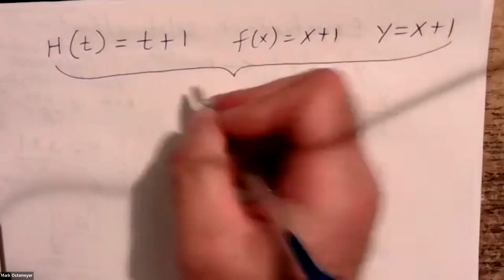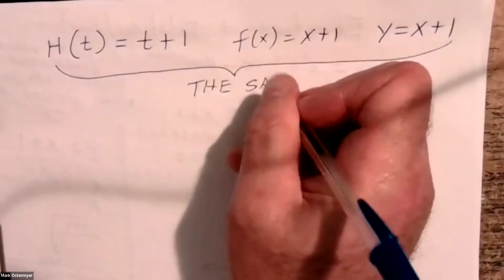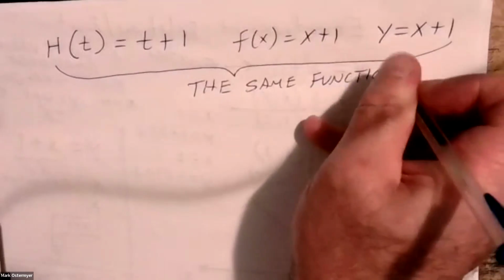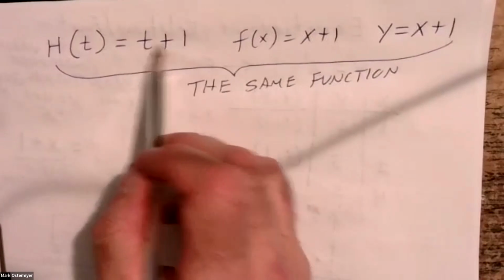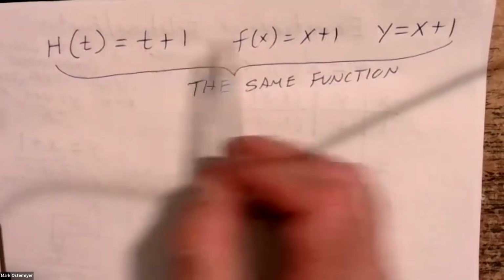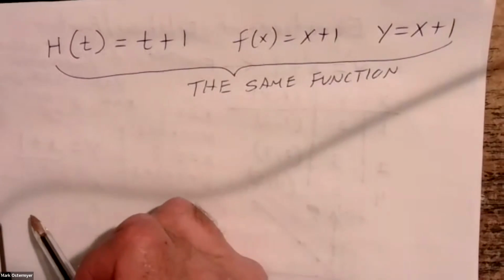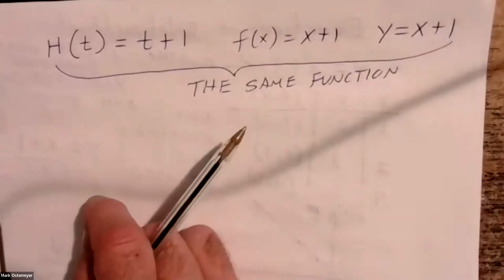They're all the same function, and they're all the same function because in each case the definition is identical. We keep adding 1 to the input to give us our output value. Because the rule or definition remains the same, we're talking about the same function. No difference between these functions.